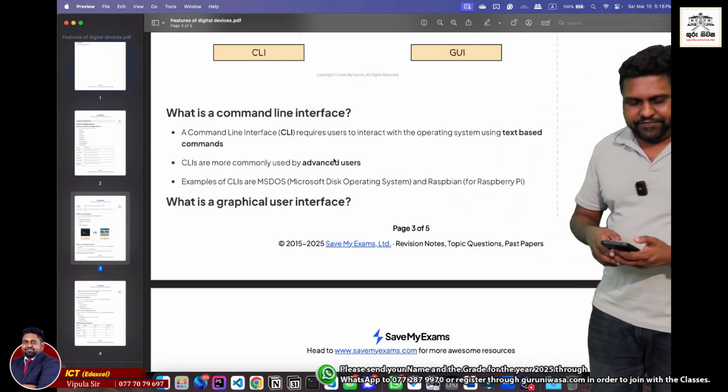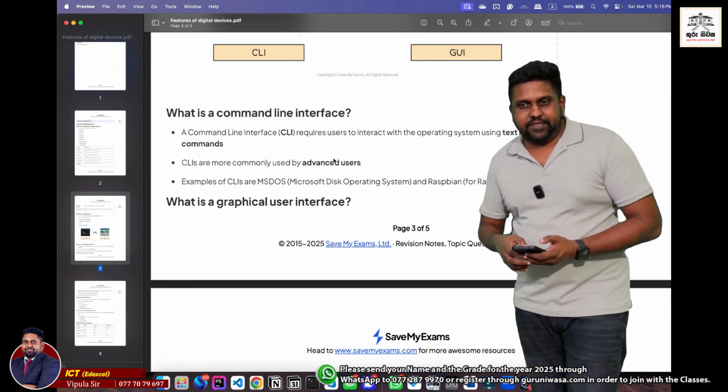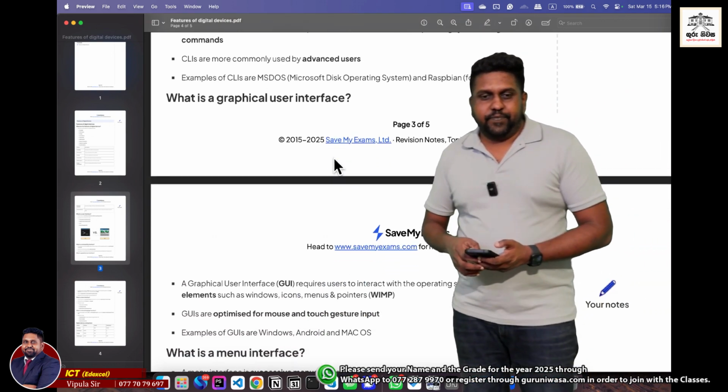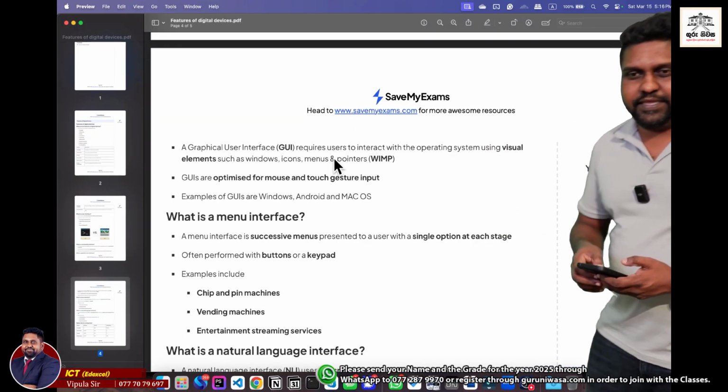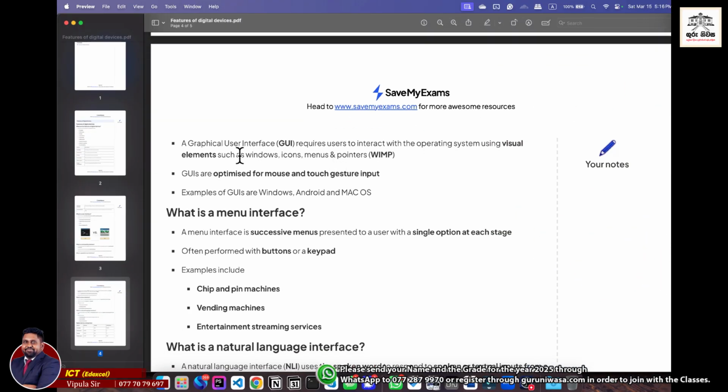Then the graphical user interface. The GUI is similar to the CLI, but in this case, we use a graphical user interface which requires users to interact with the operating system using visual elements such as windows, icons, menus, and pointers.